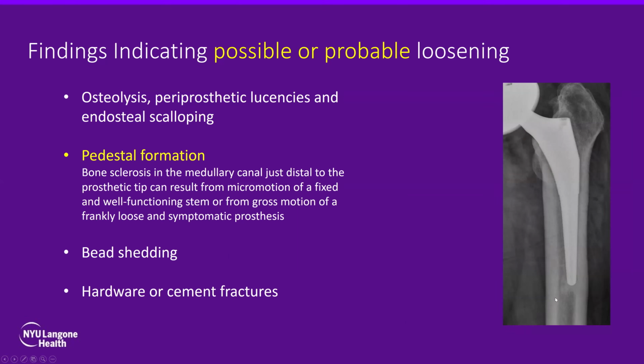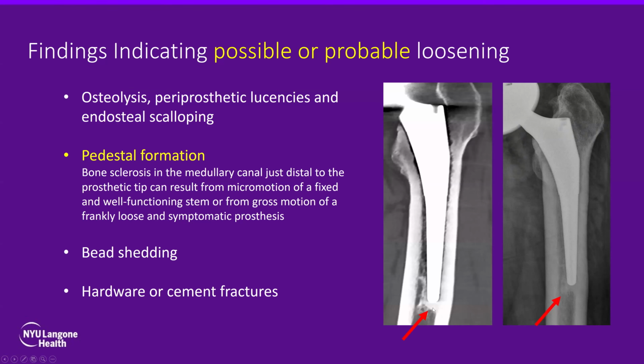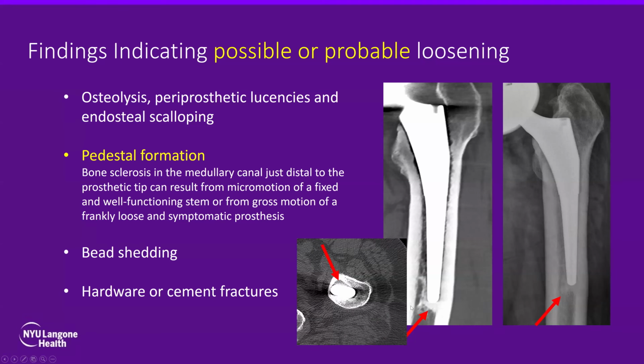Pedestal formation, it's an area of sclerosis right at the tip of the implant, this thing. This finding can be seen with loosening, right? It's not a spot weld because a spot weld is not at the tip. A spot weld is something here that goes all the way here, but pedestal formation is sclerosis at the tip. And in this case, there was bone loss here too.